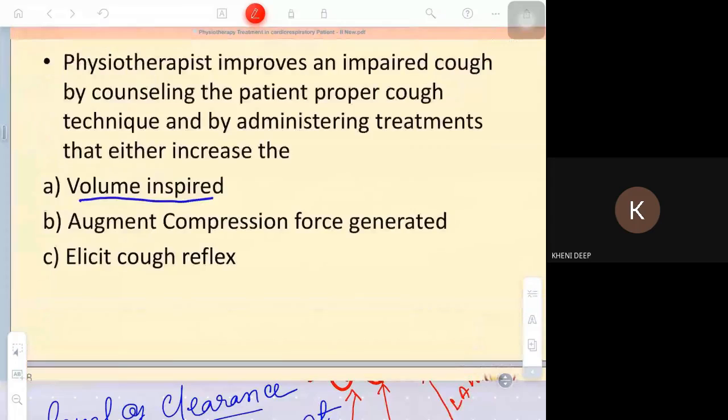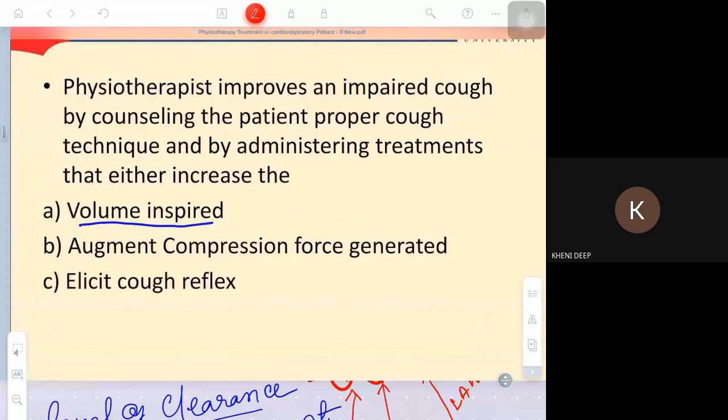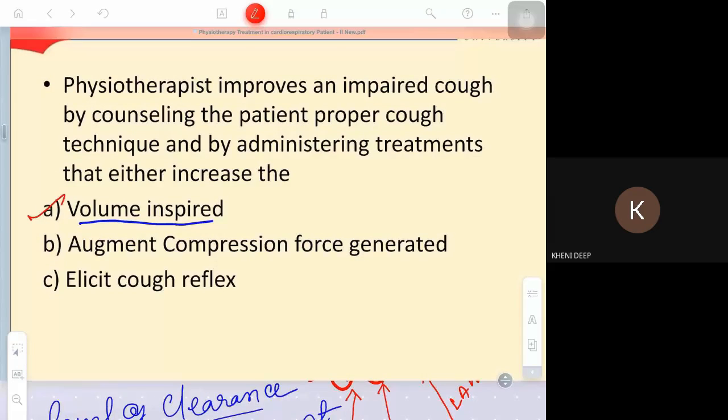What is the role of physiotherapy? The amount of volume inspired, you should give the command, because only you know how much volume should be inspired and what the level of clearance should be.